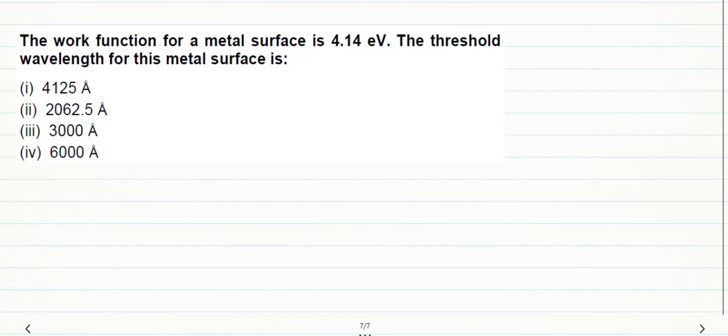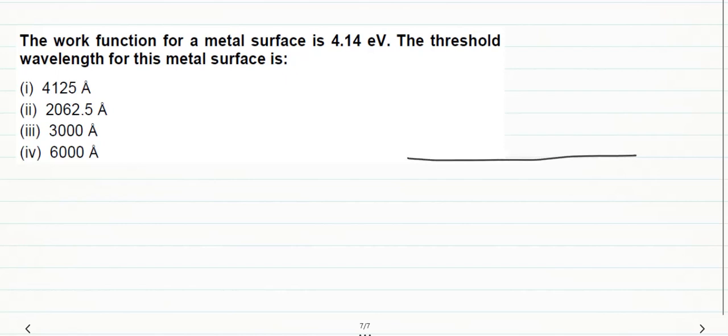But before that, let us try to understand what is work function and what is threshold wavelength for a metal surface. It is basically a question of Einstein's photoelectric equation.